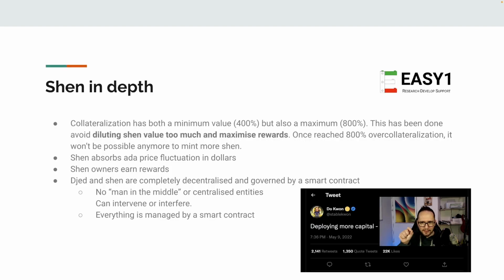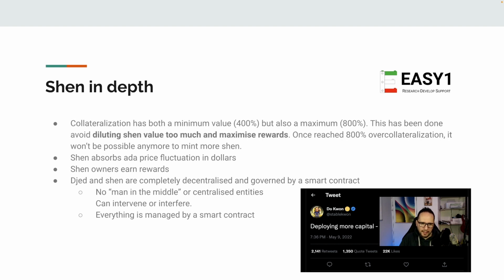And this value of 800% is really important, because over-collateralization has both a minimum value, as we mentioned, 400%, but also a maximum value of 800%. This has been done in order to avoid diluting the value of Shen too much. We also said that Shen owners have incentives.